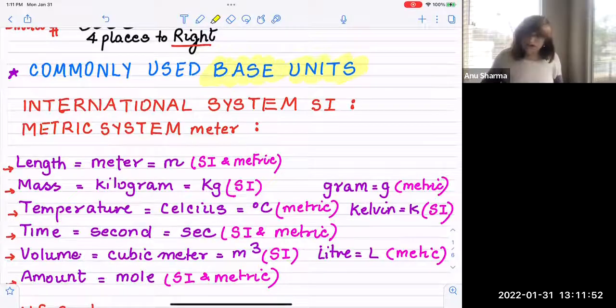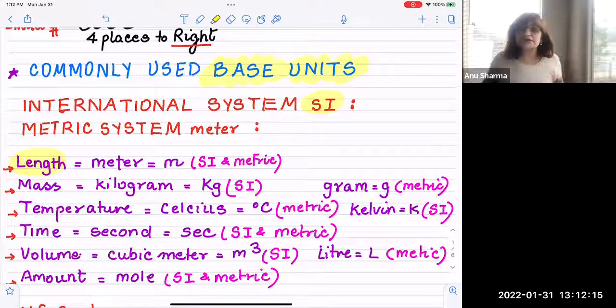Now for the unit, for length, there are actually two types of units. One is the international unit called the SI unit. It's a standard which is followed in different countries.